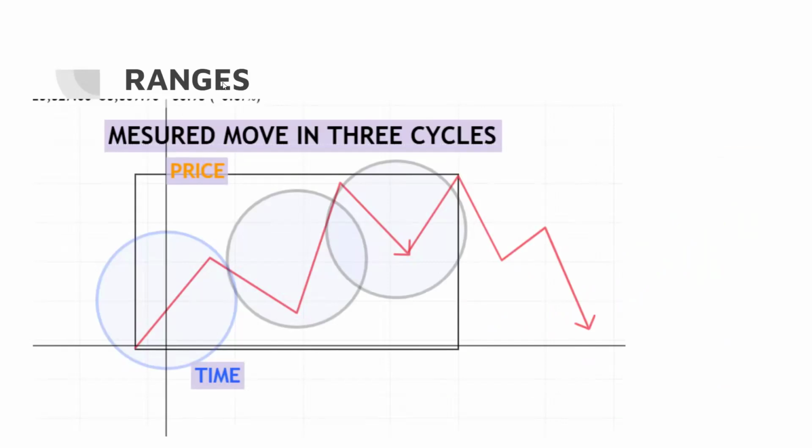You can see the price forms ranges and it moves with time. Here the price is moving in a range, stepping up in 3 cycles. That is a measured move, like measured staircases. Everything is measured.